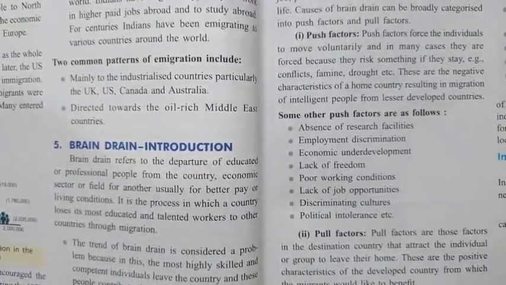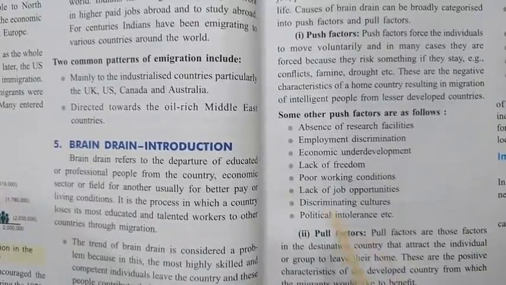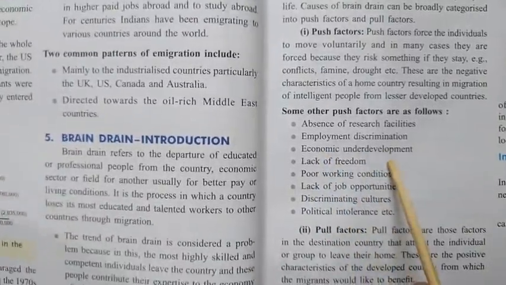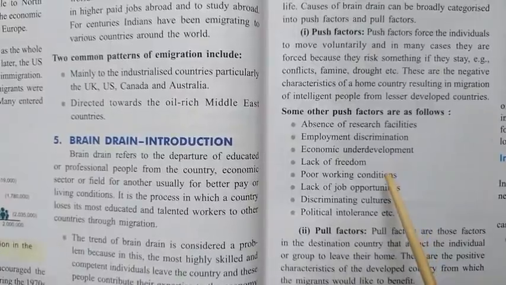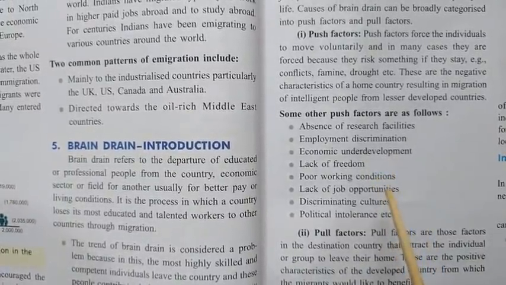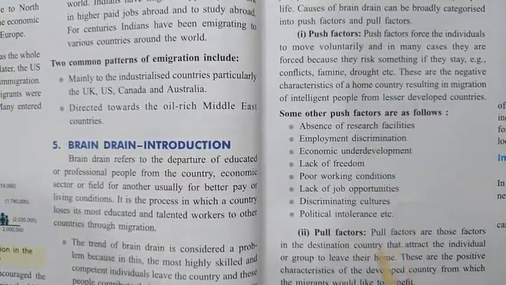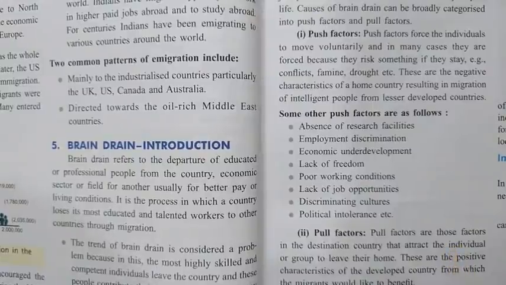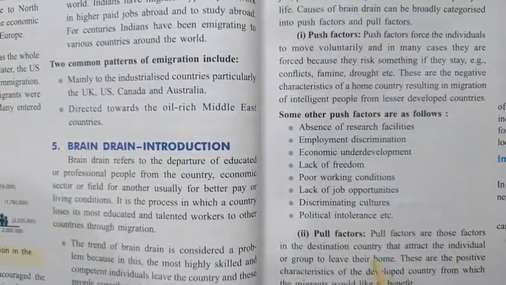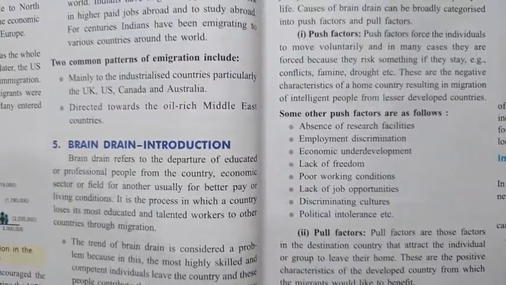So they usually choose to migrate to other countries. Another thing is economic underdevelopment. When young people see so much backwardness, and they don't get what they need because the economy in our country or that place is very backward, they choose to migrate. For example, you can take the example of Pakistan.